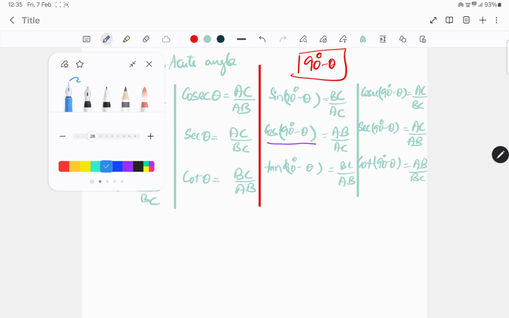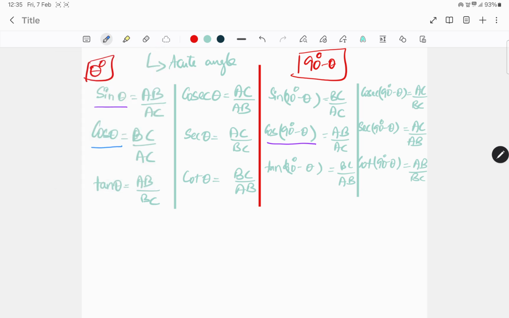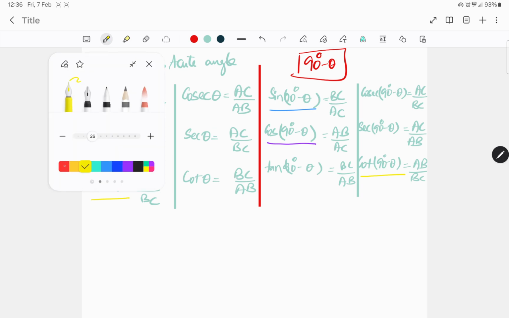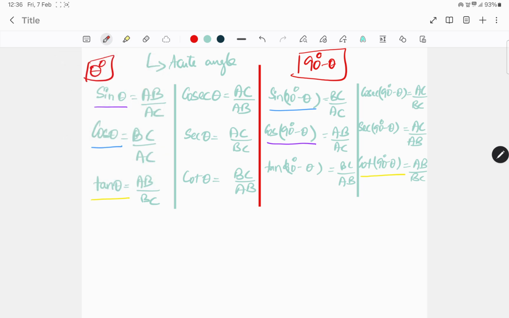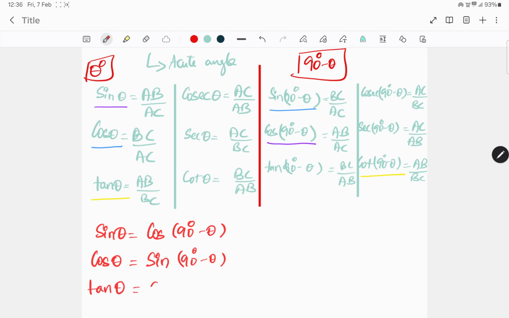Then cos theta is equal to sin 90 degrees minus theta. Then tan theta: here tan theta is equal to AB by BC. Clearly you can see that tan theta is cot 90 degrees minus theta, right? So sin theta is equal to cos 90 degrees minus theta, cos theta is equal to sin 90 degrees minus theta, and tan theta is equal to cot 90 degrees minus theta.